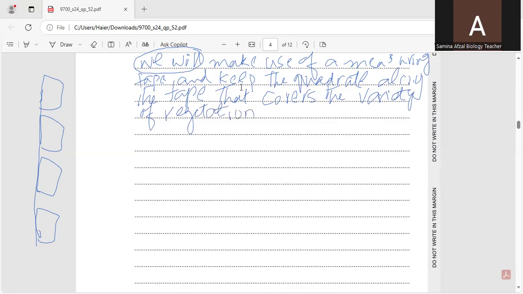So we will keep this quadrat along the tape, and first of all it will be kept at the start of the tape, or at the 0 meter of the tape.